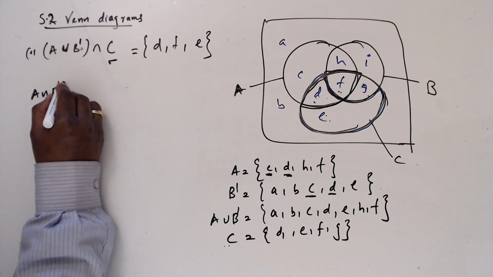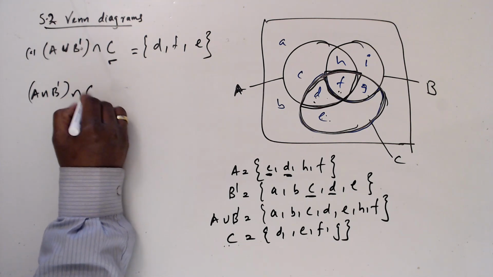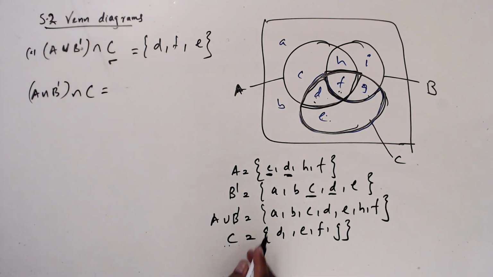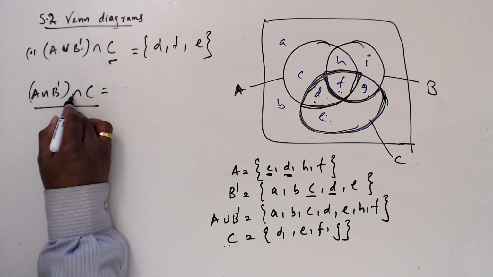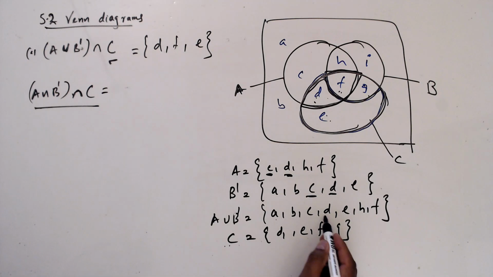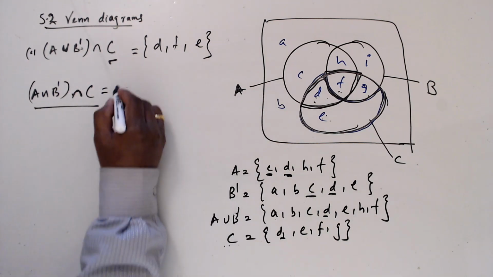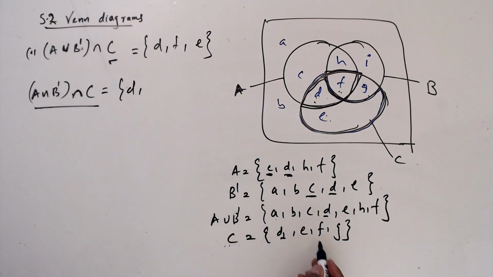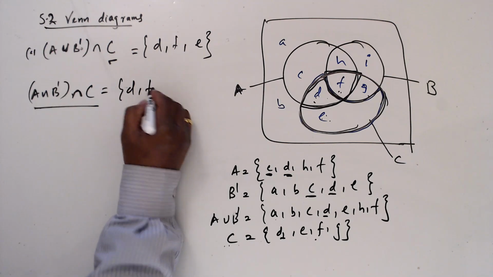Belonging to both. What are the common elements? Intersection means common elements. So A is not common. Yes, D is common. Then F is common.